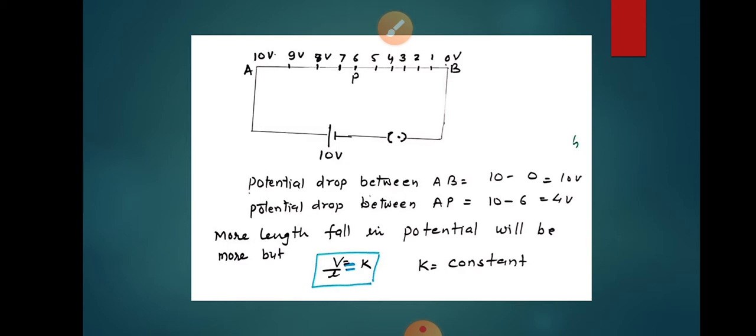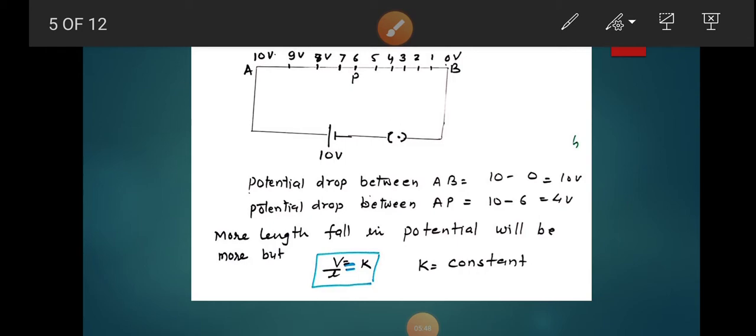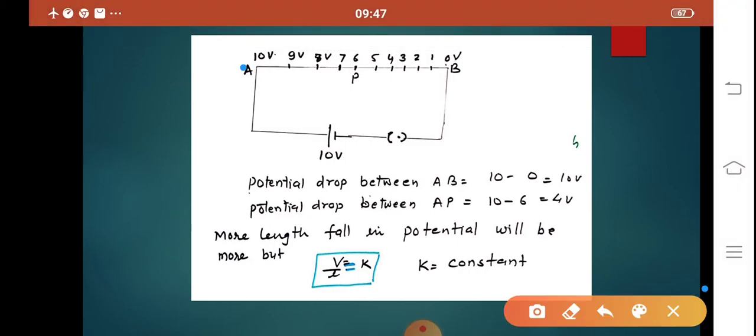If we have a potentiometer connected with a battery of 10 volt, this will be 10, this will be 0, this will be 5. What is the potential difference between these two points? 10 minus 5. Between these two points, 10 minus 0. Between 10 and 6, 10 minus 6, 4 volt.